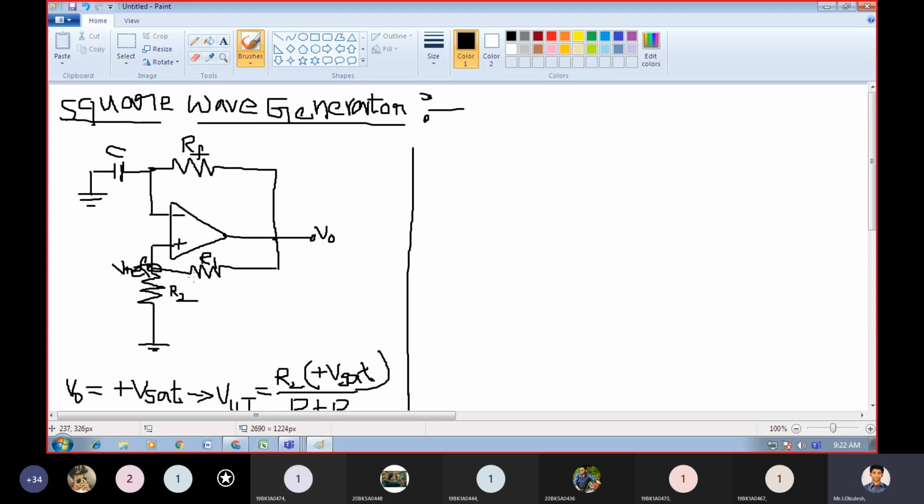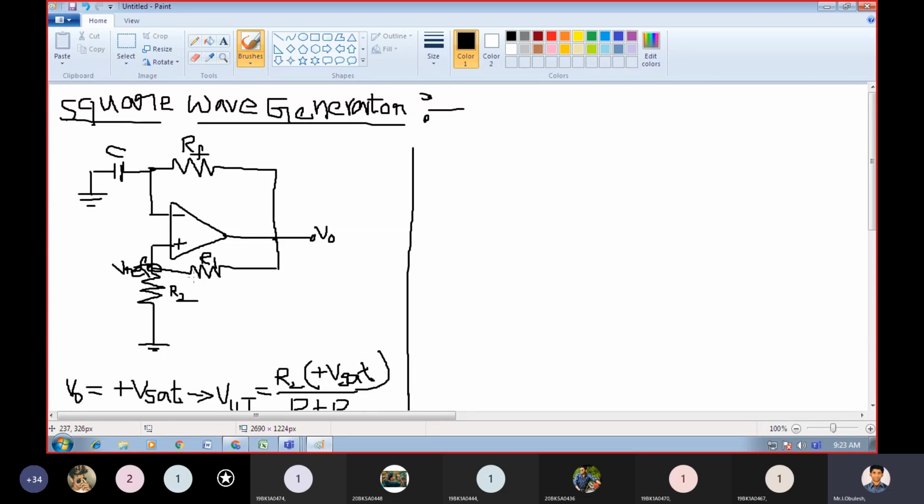Whenever you switch on the square wave generator circuit, V naught automatically swings to positive V saturation or minus V saturation.